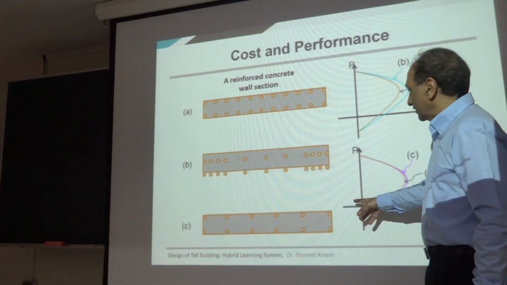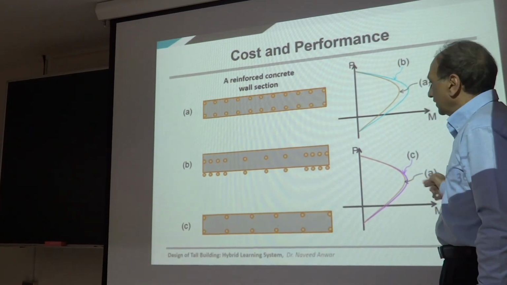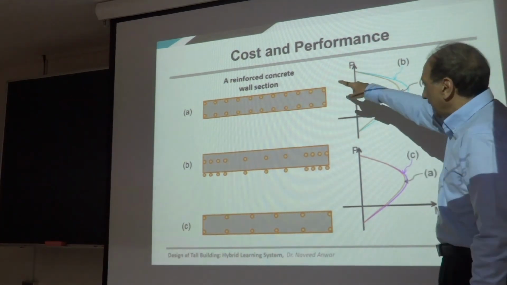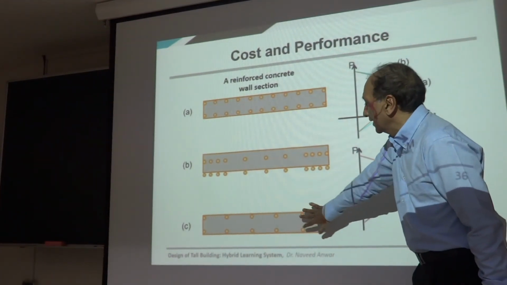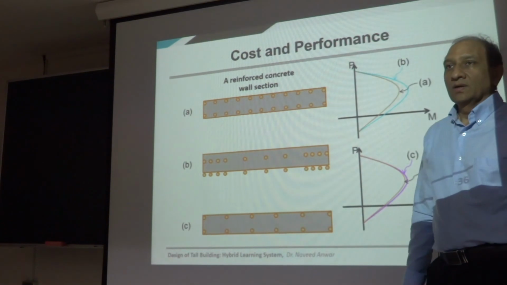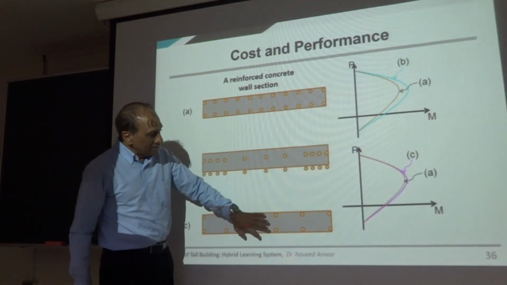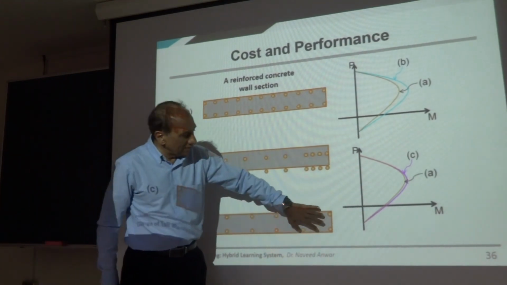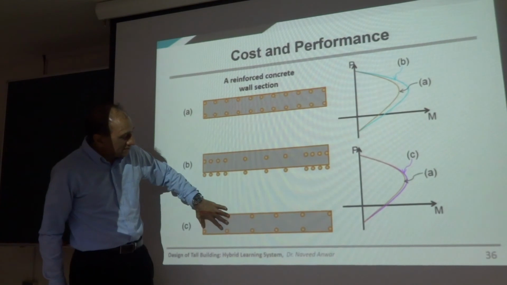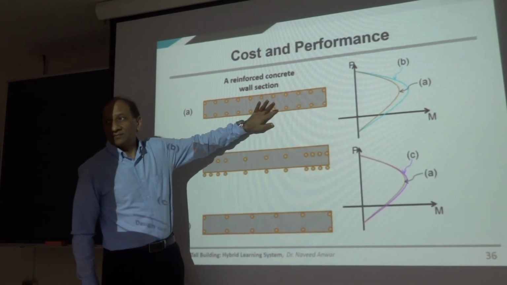Or in other words, you can get the same cost as A with reinforcement which is optimized in such a way that you use larger bars and fewer bars, but ultimately what you need is you do not need the bars in the middle. They are not effective, right?